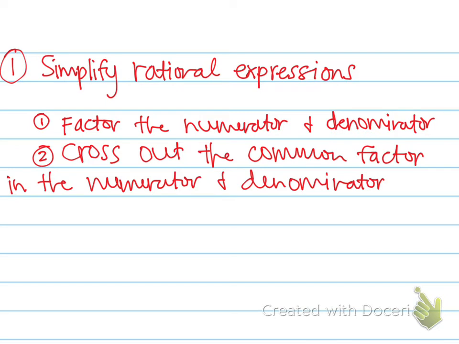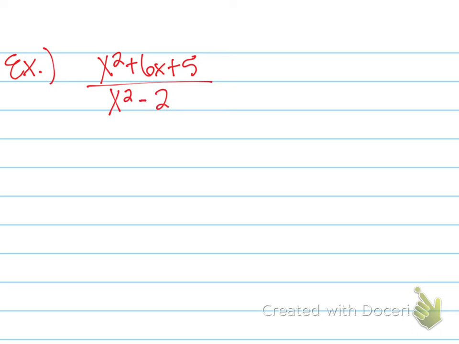Okay? So, the first example is x squared plus 6x plus 5 over x squared minus 25.